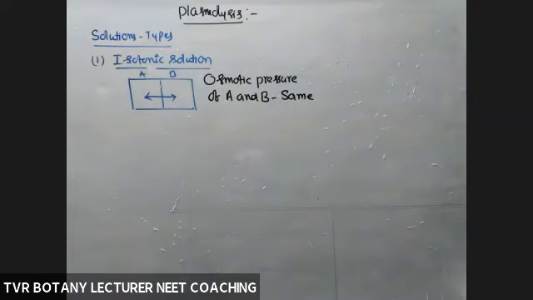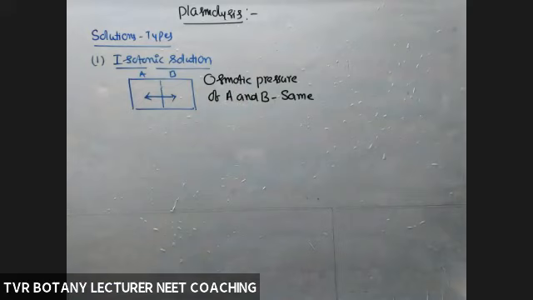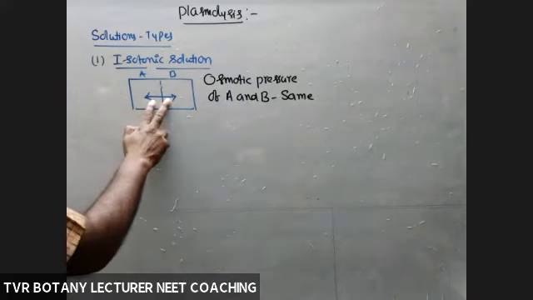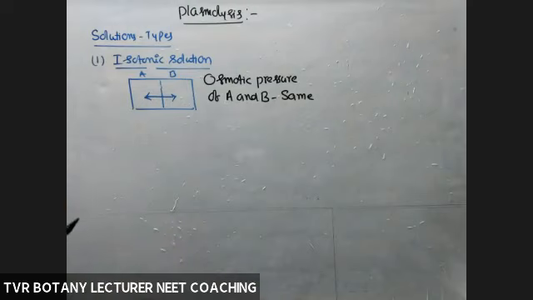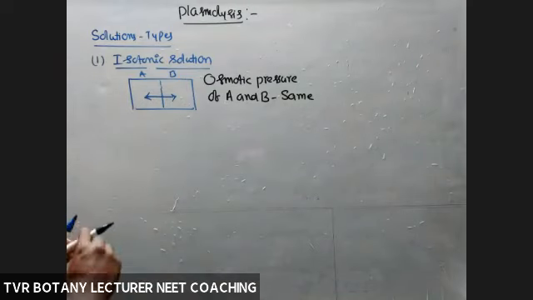If osmotic pressure of any two cells which are side by side in contact with each other, or two different solutions, whatever it is, if their osmotic pressure values are same, definitely they are isotonic solutions. Or we can use one more statement also. Same concentration, same solutes, or same pressure also, or same psi W values also. Furtherly, if it is extended.